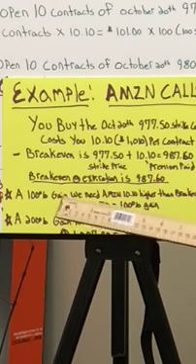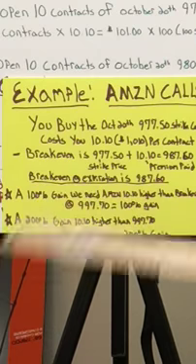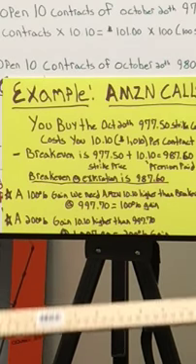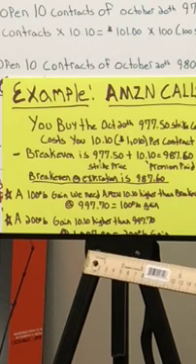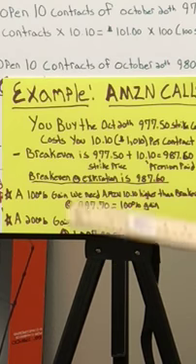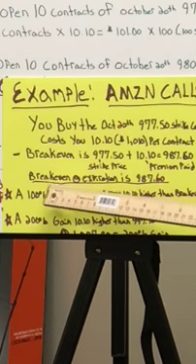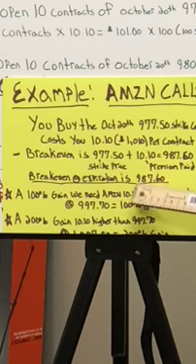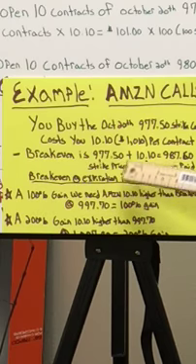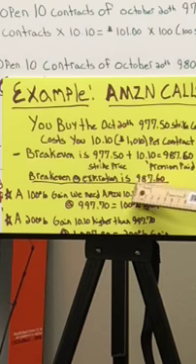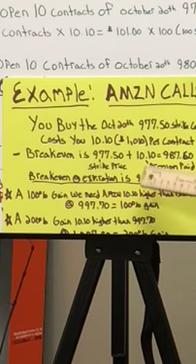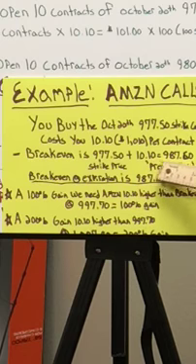All right? Now, what do we need for a 100% gain? It's very simple to figure this out. For 100% gain, all you need is the break-even point, and you add it to the premium paid. So $987.60 is our break-even. For 100% gain, we just needed to go $10.10 higher.